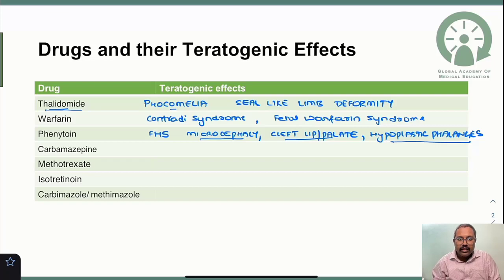So next, what about carbamazepine? So please remember, carbamazepine will cause neural tube defect, and also methotrexate is known to cause neural tube defect. So what about isotretinoin?